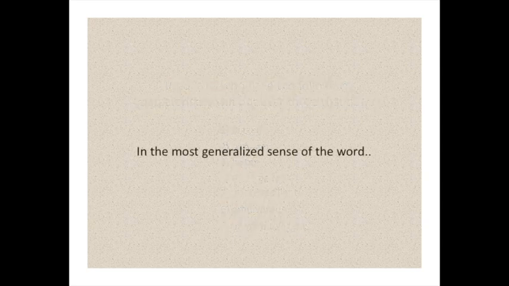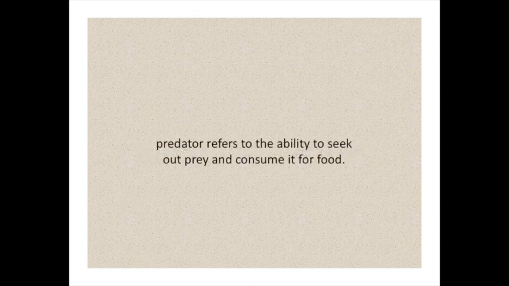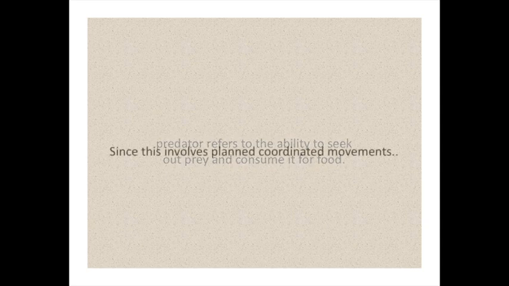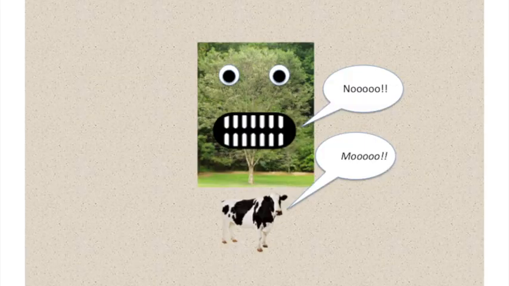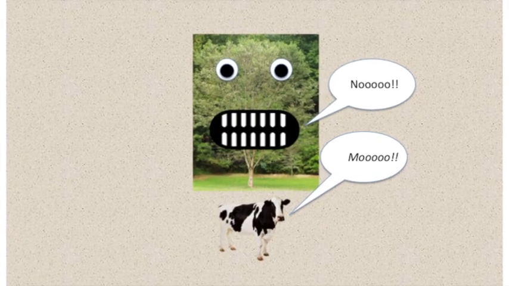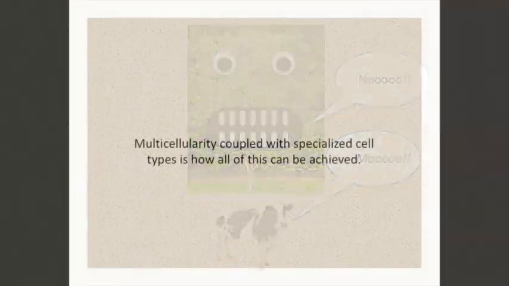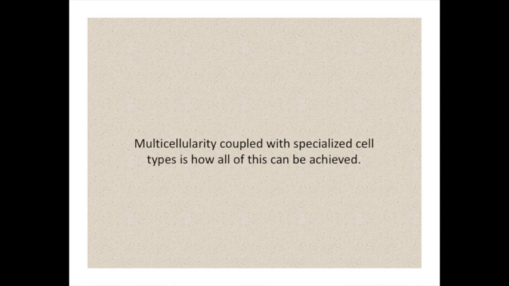In the most generalized sense of the word, predator refers to the ability to seek out prey and consume it for food. Since this involves planned coordinated movements, it would also pertain to herbivores. Multicellularity coupled with specialized cell types is how all of this can be achieved.